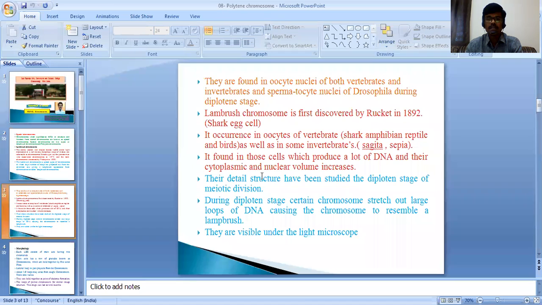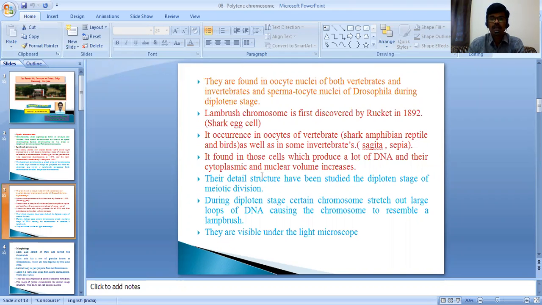The detailed structure has been studied in the diplotene stage of meiotic division. During diplotene stage, certain chromosomes stretch out large loops of DNA, causing the chromosomes to resemble a lampbrush.